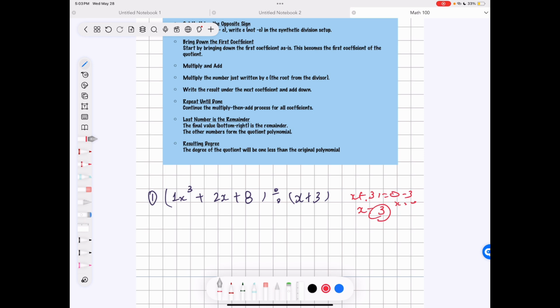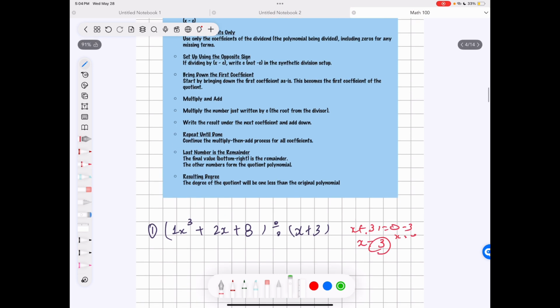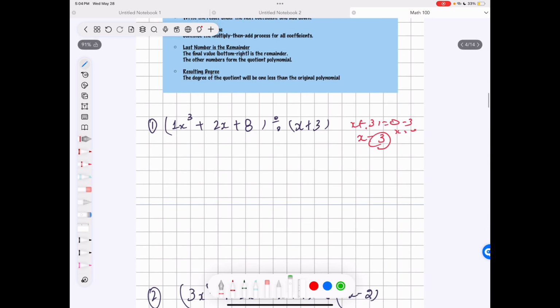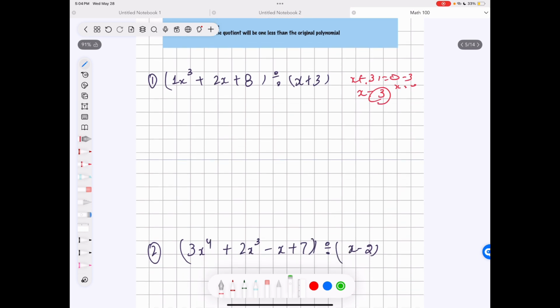Our last number is our remainder, and the degree of the quotient will be 1 less than the polynomial. So these are just the steps as I try to do this example. We will learn more about it.